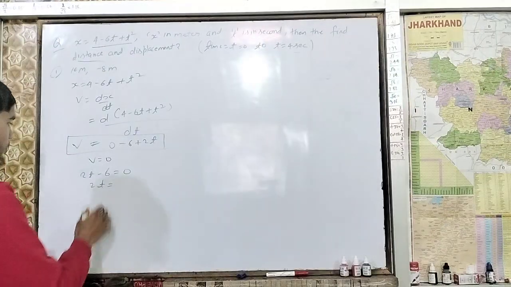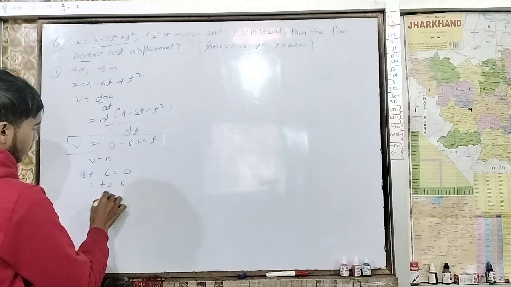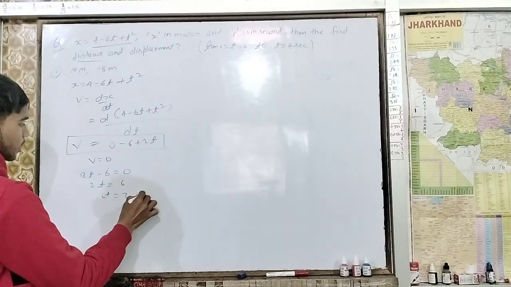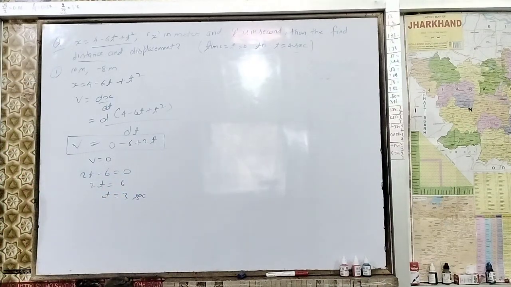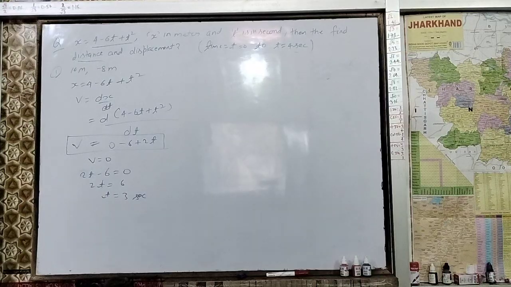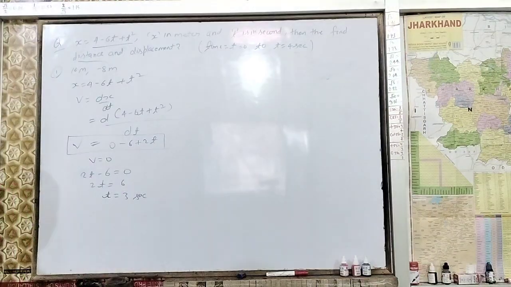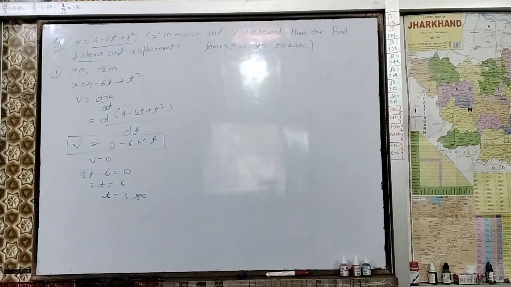So 2t is equal to 6, so t will come as 3. At 3 seconds the object will come to rest. Clear? At 3 seconds, velocity will become 0.